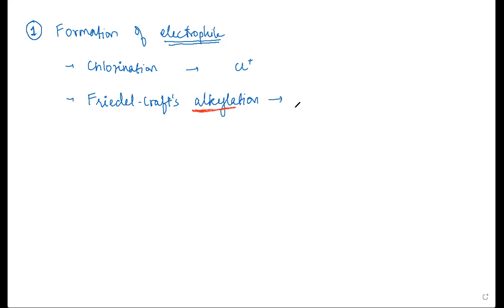So it is usually an alkyl carbocation. If it's a methyl group being added, you get CH3 plus or C2H5 plus. So you can generalize it to R plus. Any alkyl group is denoted by R. So the alkyl carbocation is the one being added.